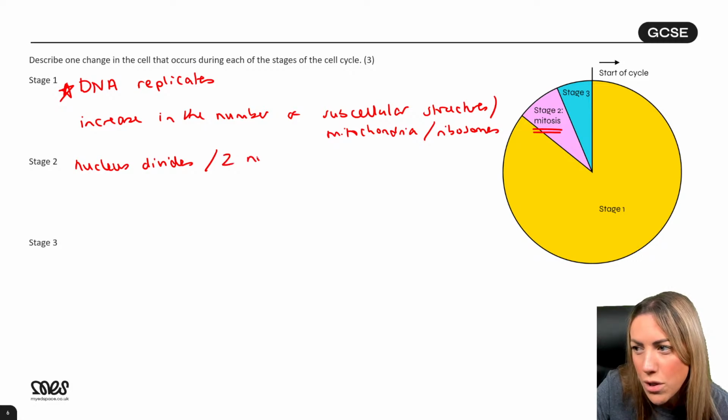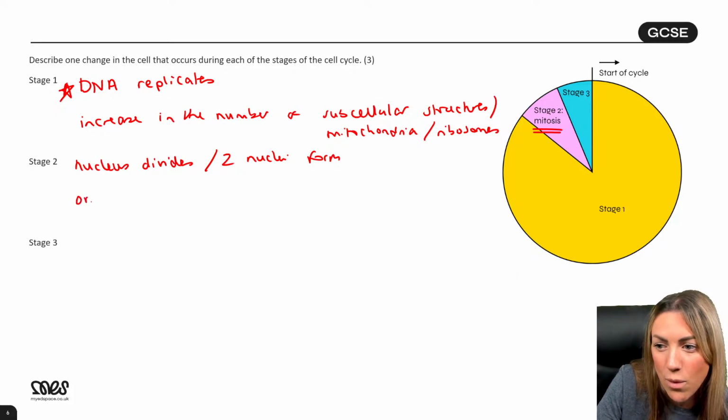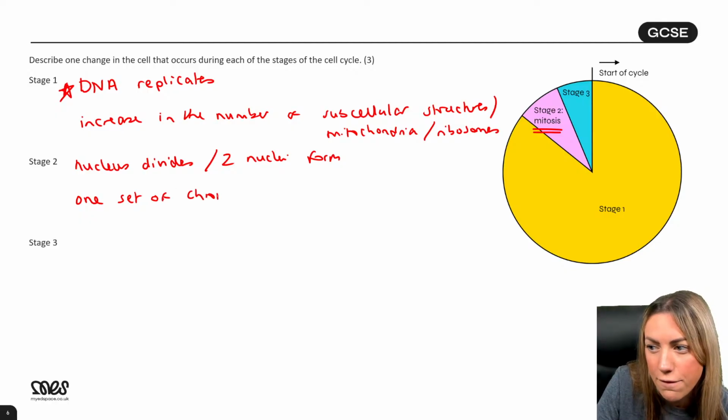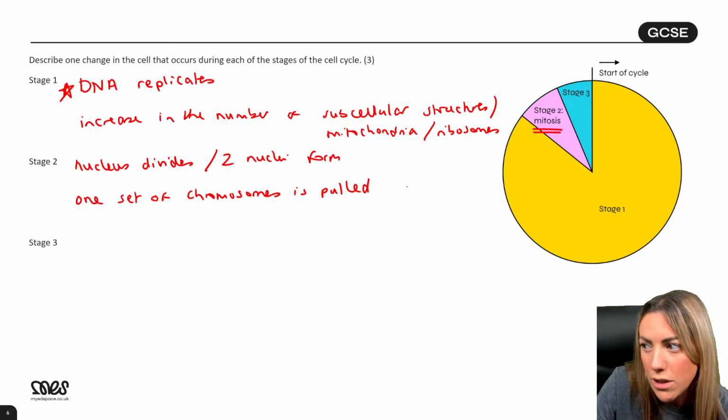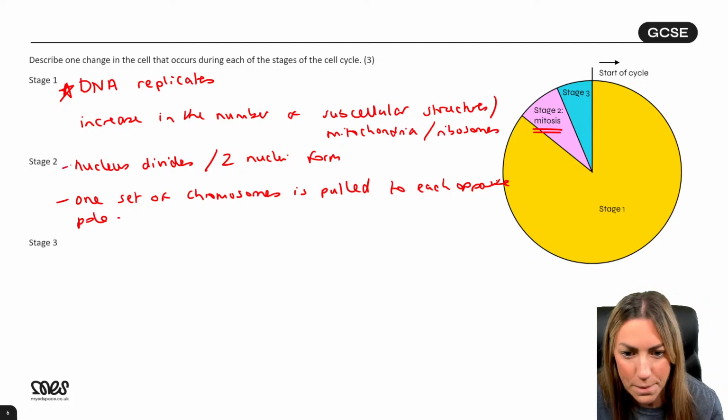Or 2 nuclei form. Chromosomes move to each pole of the cell. Yes. The best way to phrase this for AQA is one set of chromosomes is pulled to each opposite pole. That's how it's worded on the AQA specification.